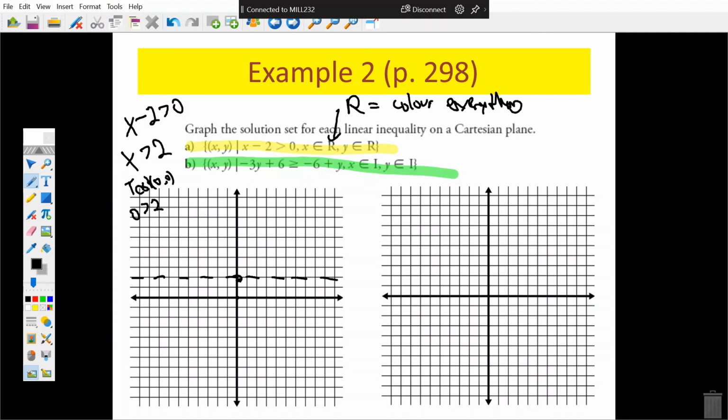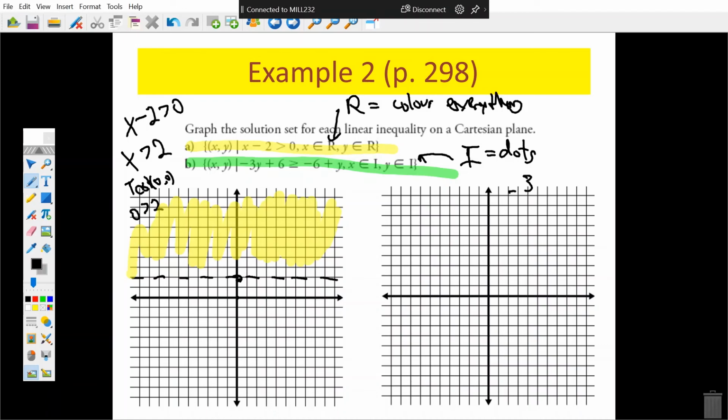If it's an I, that means it's just the integers. I means dots. Okay? So in this case, we graphed our line. We did the test. The test was false. So we are coloring in above the line, like so. And we're done.